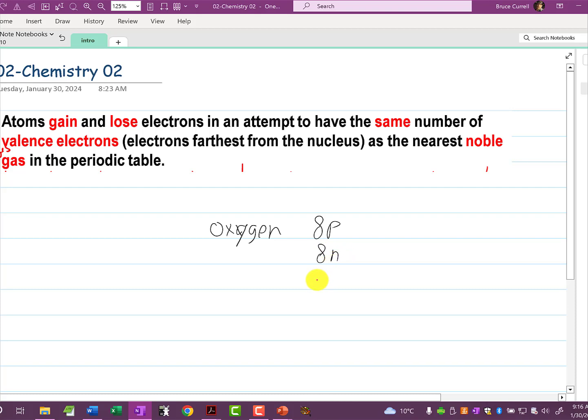And if it's an atom, therefore it'll have 8 electrons. So in the nucleus, we have the 8 protons and the 8 neutrons. And that's the nucleus. Around the nucleus, we will have 8 electrons.